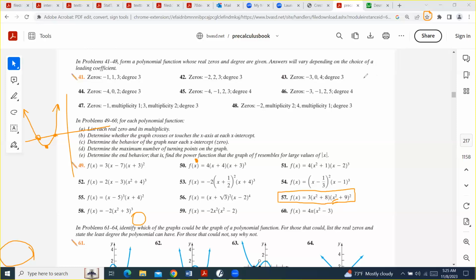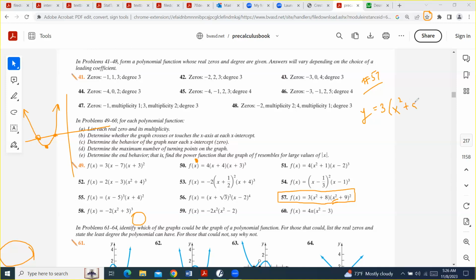Let me write this here, 57. Look at the coefficient 3. That makes no difference for us. It still keeps the same shape. If it were negative, the graph would flip, right?